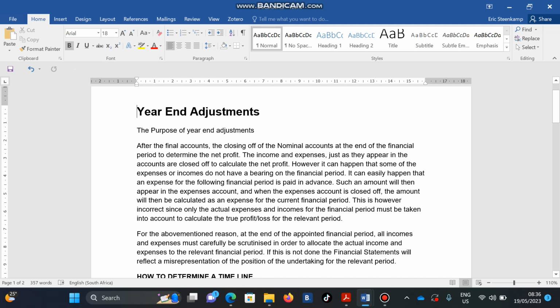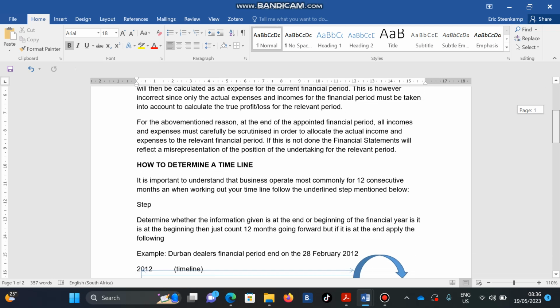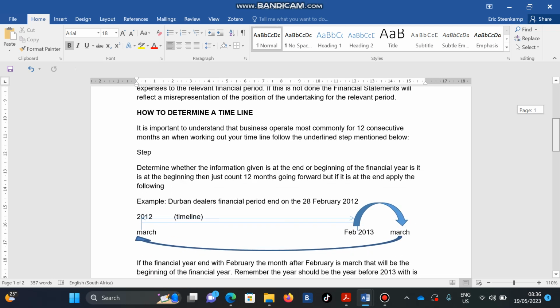For example, if we have paid insurance in advance and we have paid for the next financial year, we need to subtract that so that it is relevant to that financial year. But what is important now is how to determine a timeline. A timeline just simply means the period that we are operating in.